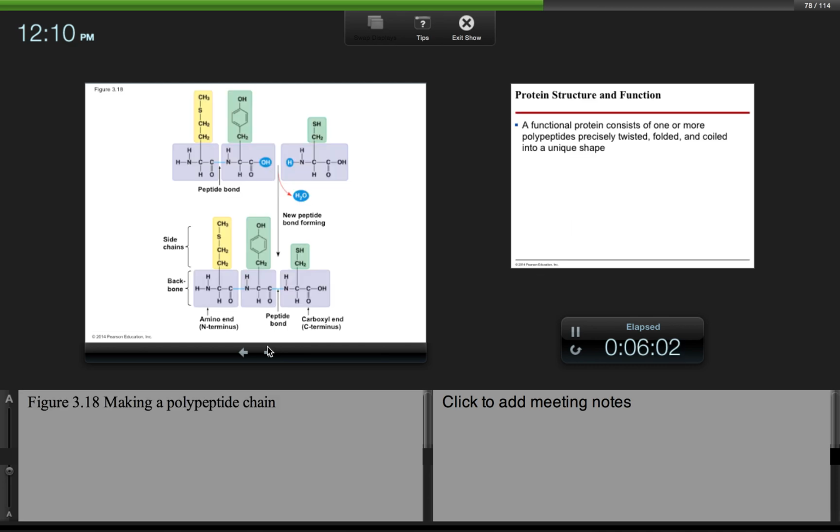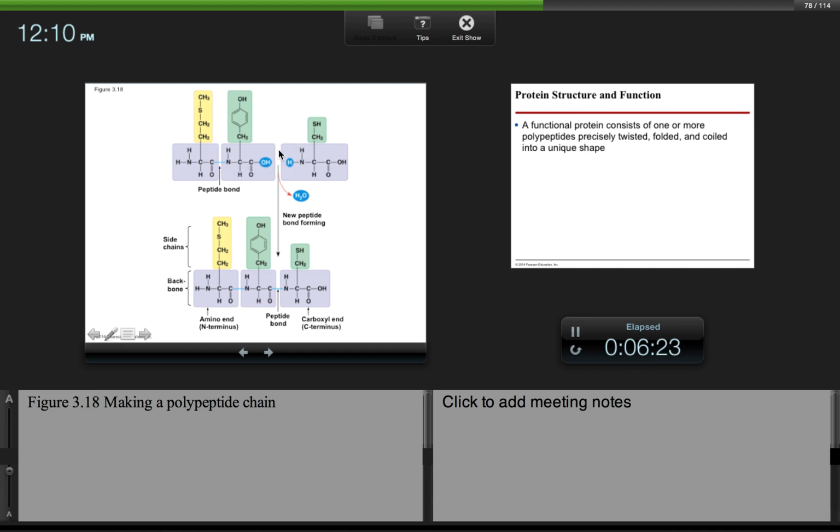This is the formation of, in this case, looks like just a tripeptide. So here we have a peptide bond, which occurs between the carbon of the C-terminus end of one amino acid and the nitrogen from the N-terminus of another amino acid.